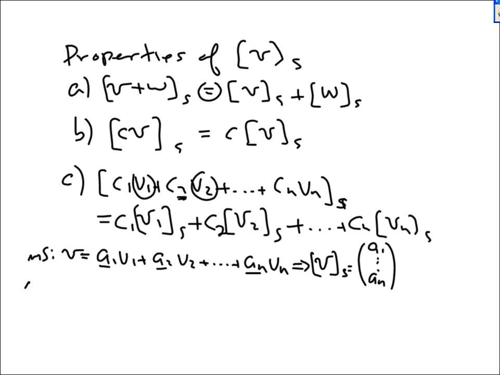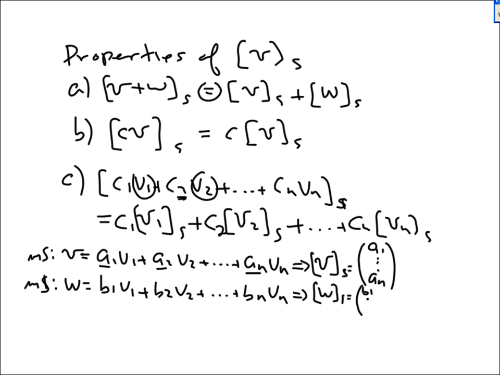And still in S, if W is B1 v1 plus B2 v2 all the way up to Bn vn, that implies the coordinates of W in S is B1 through Bn.